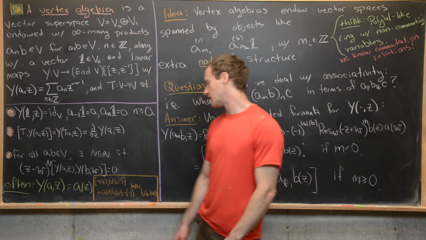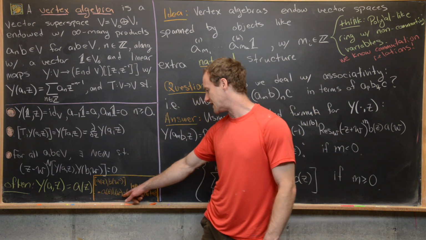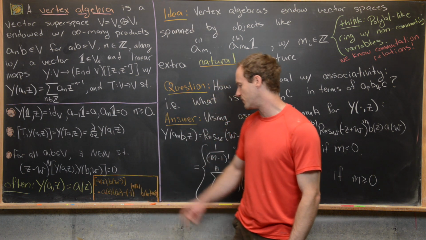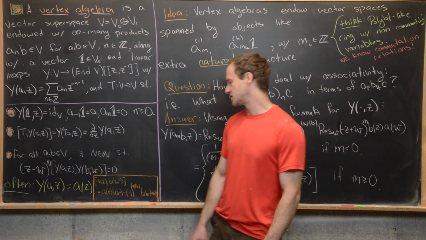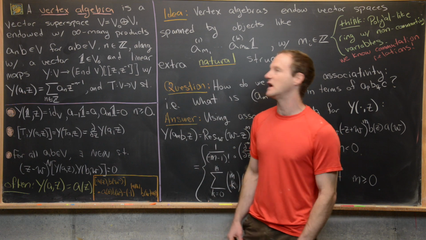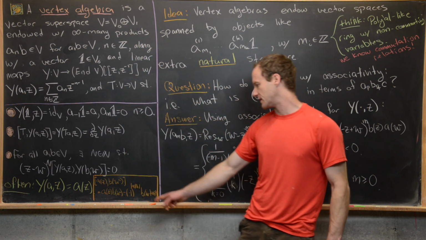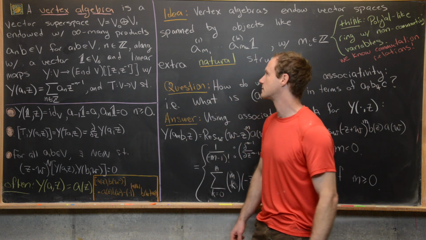So we've got the commutator of a(z) and b(w), so that's going to be a(z)b(w) minus (-1) to the parity of a times the parity of b, b(w)a(z). So if they're both in V1, this actually turns into an anti-commutator, but if one of them is in V0, then that is a commutator because we've got -1 to either the 0th power or the first power.